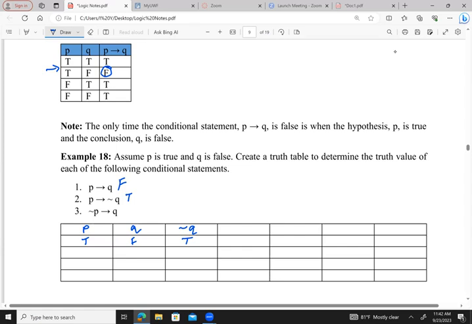And then we need not P. Now I'm saying, if not P, then Q. False, then false. That's a true statement. The only time the conditional is false is when the first is true and the second is false.